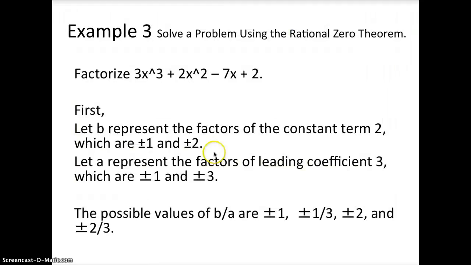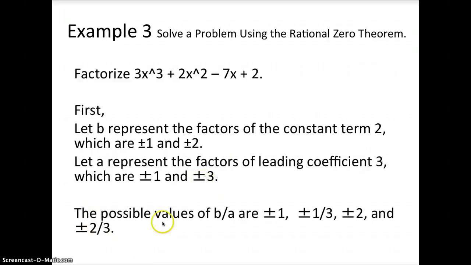For example 3, solve a problem using the rational zero theorem. Factorize 3x cubed plus 2x squared minus 7x plus 2. First, let b represent the factors of the constant term 2, which are positive and negative 1 and positive and negative 2. Let a represent the factors of the leading coefficient 3, which are positive and negative 1 and positive and negative 3.